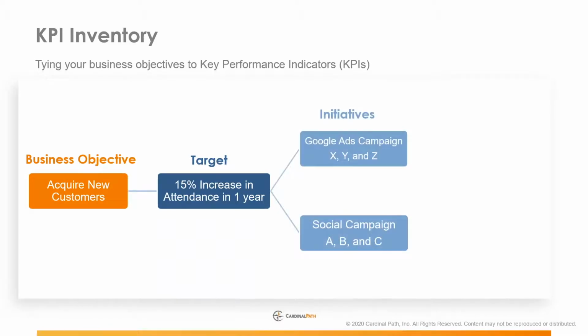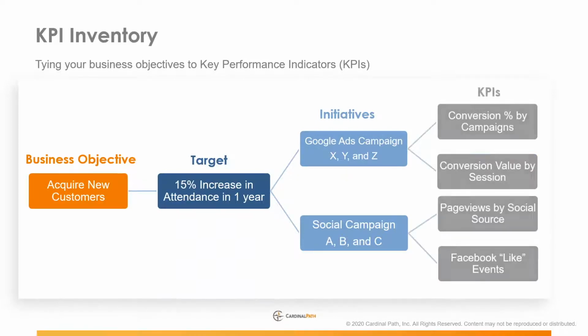So in this example, we have a Google Ads campaign, and we also have a social media campaign, okay? For each one of those initiatives, we will have some KPIs or key performance indicators. For the Google Ads, we might be looking at a conversion rate for each of the campaigns we run.